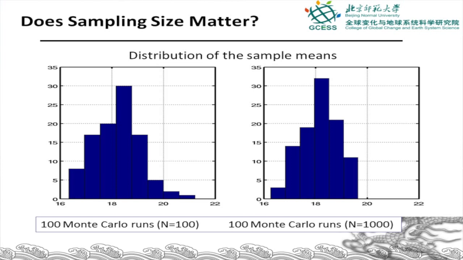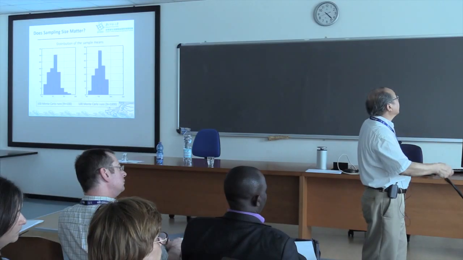We can do 100 Monte Carlo runs, each time sampling 100 times, and this is the mean. You can see there's a lot of uncertainty in the mean when you use Monte Carlo, and you can reduce the uncertainty by increasing each experiment to 1,000 instead of 100.